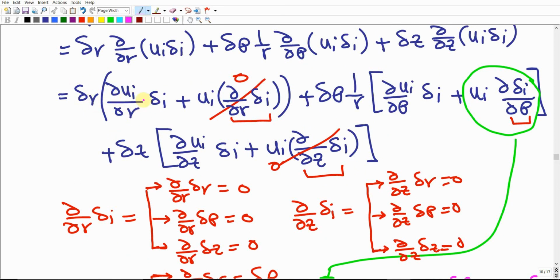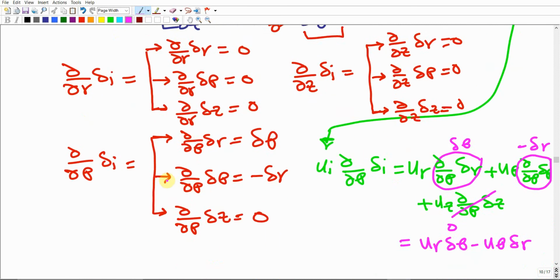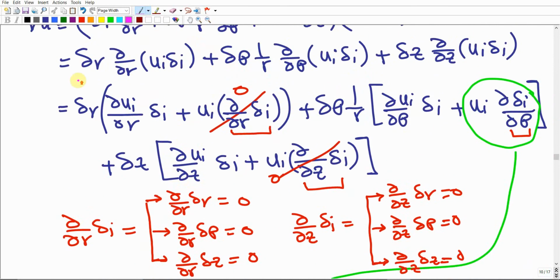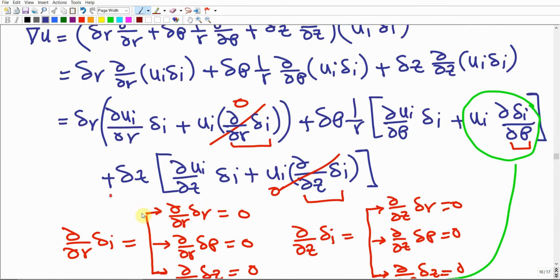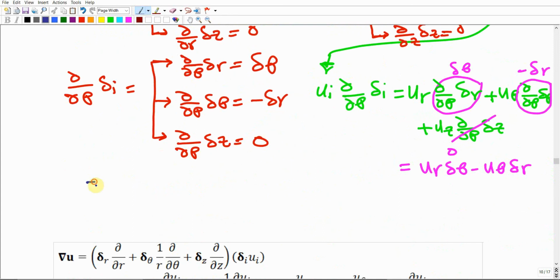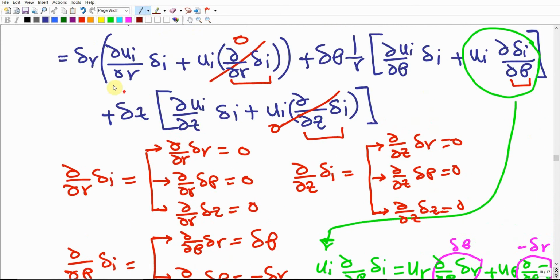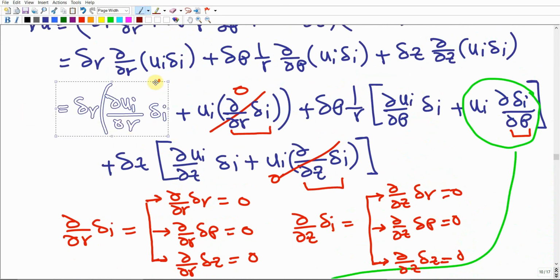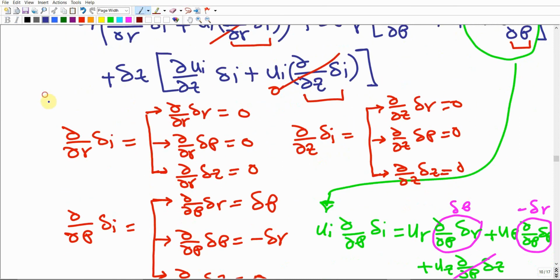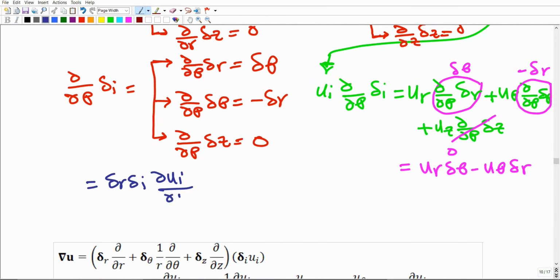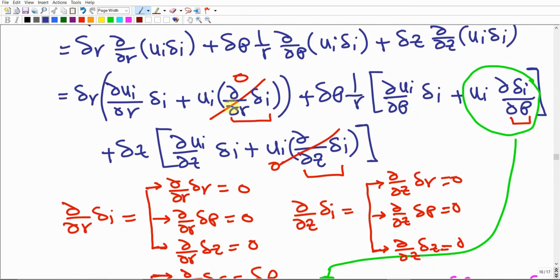It means that you can multiply delta_i delta_r together. So the nabla will be equal to, the first term, delta_r delta_i, the partial of u_i with respect to r, plus the second term, which became 0.